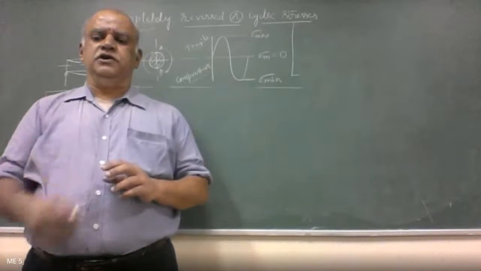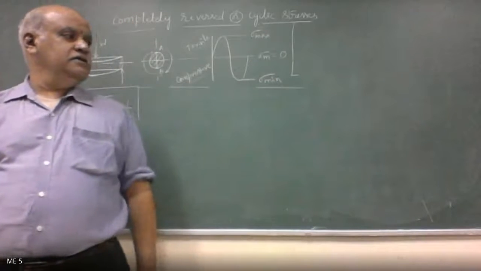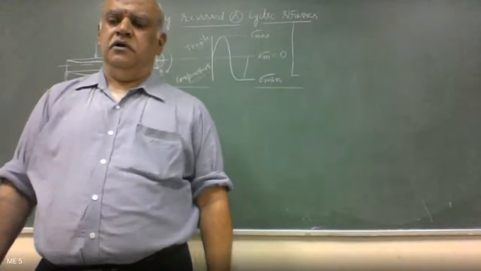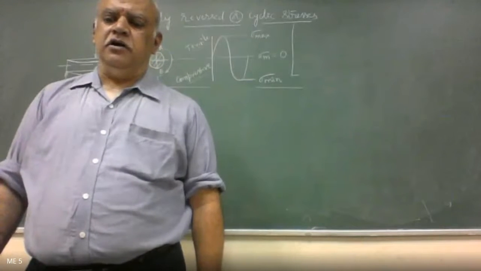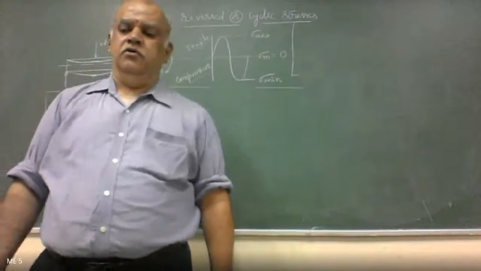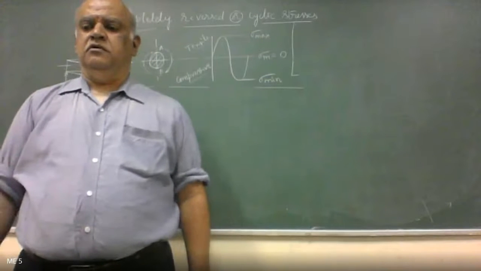Ultimate tensile strength of material of piston rod is 1750 megapascal. Full stop.